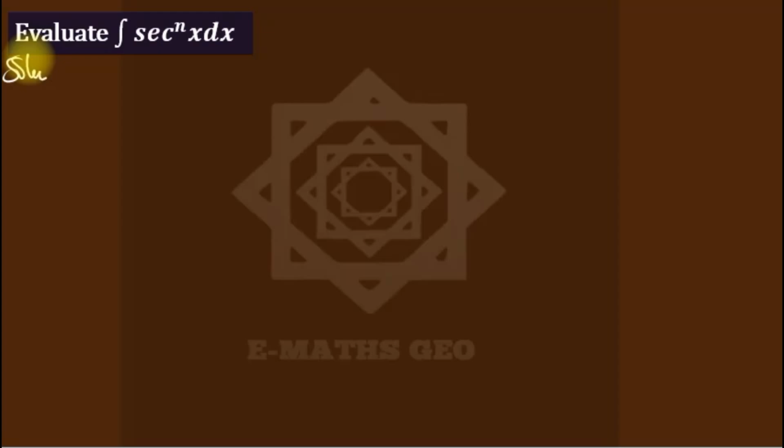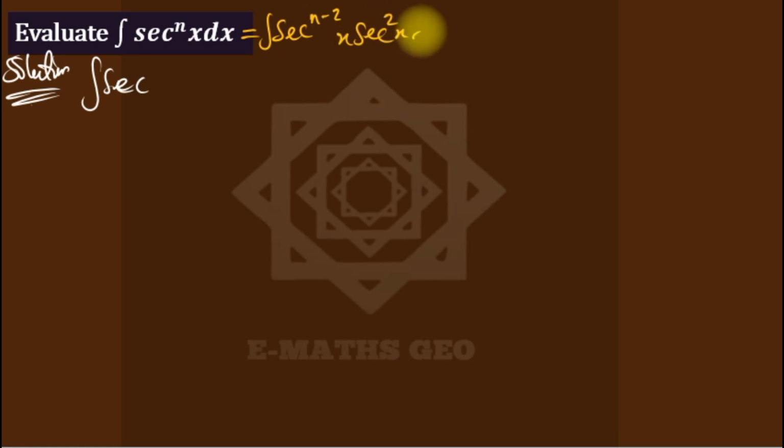We can write this as the integral of sec x to the power n. We can split this as sec x to the power n minus 2 times sec squared x, because we want to use integration by parts.